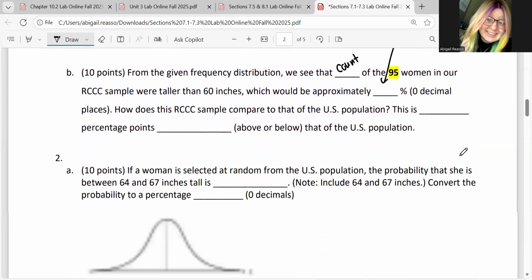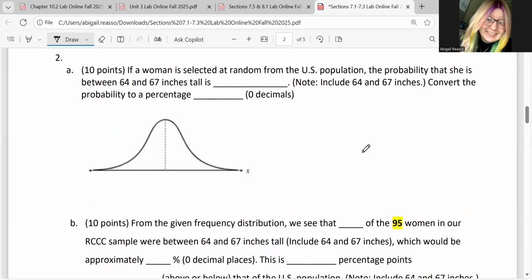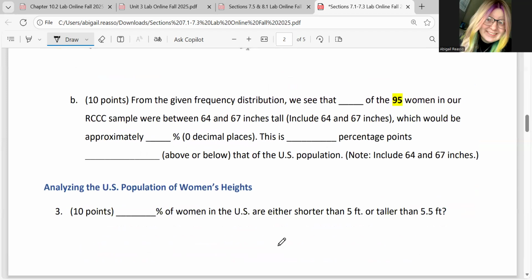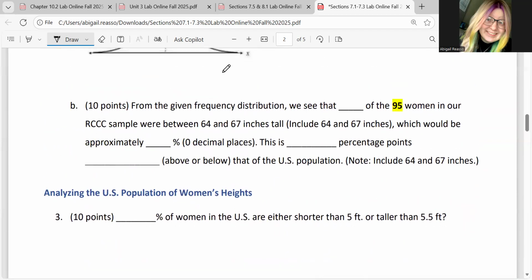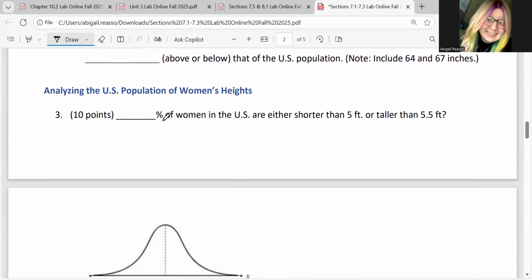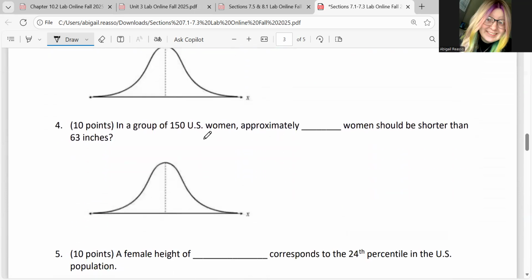This is pretty much the same thing, except you're looking possibly between two numbers. So very similar. I'm going to fix the spacing here, so don't worry. After 2B, we're just solely looking at the US population. So you might be finding percentages, or you might be finding how many.